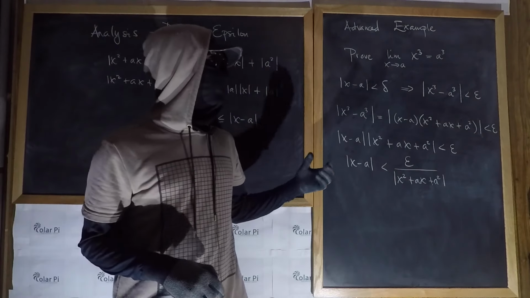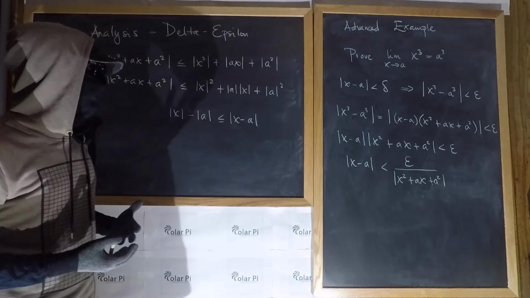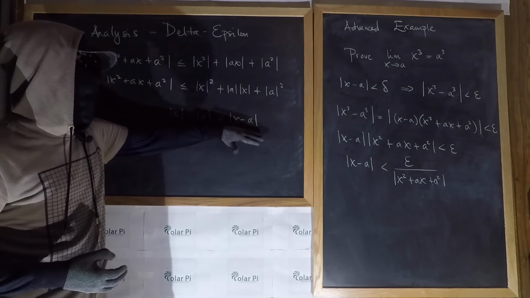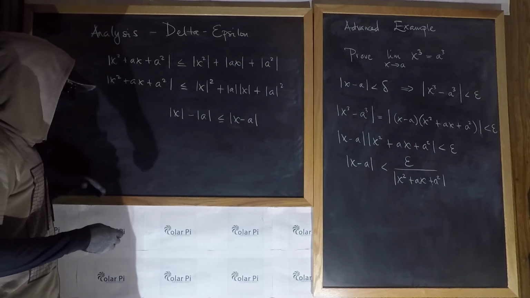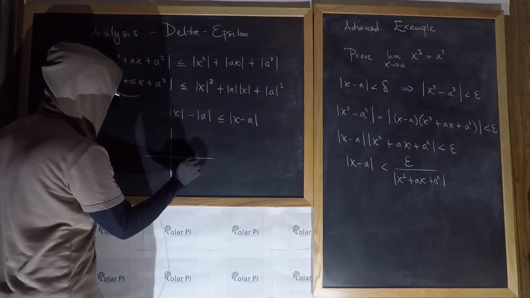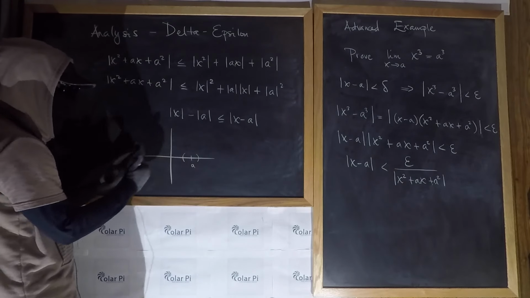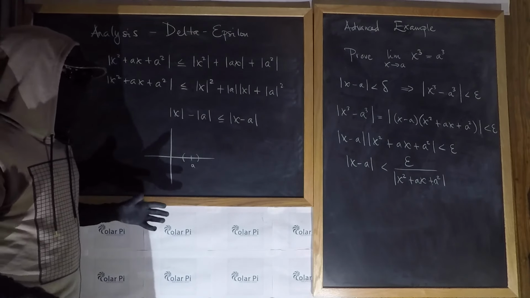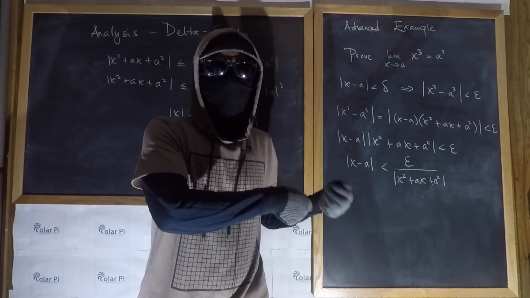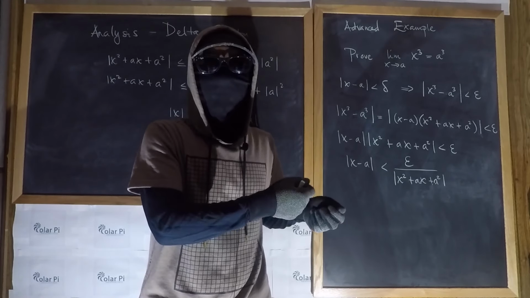In addition, in a lot of these delta epsilon limit proofs, you want to put a cap on the absolute value of x minus a. This makes sense because, as you saw when I was drawing my delta neighborhood about a, visually I didn't pick a very large interval, and there's no need. Ultimately you're going to challenge me by picking smaller and smaller epsilons, so my deltas need to be sufficiently small.